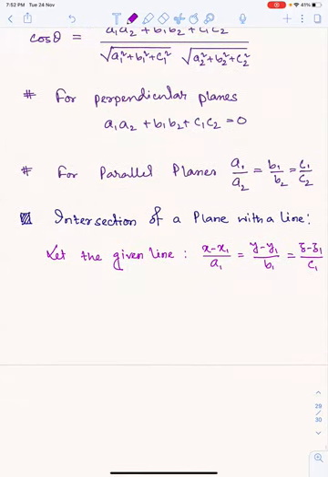In Cartesian form, in vectorial form, we can also mark it as r minus p1 is equal to lambda d1 vector.